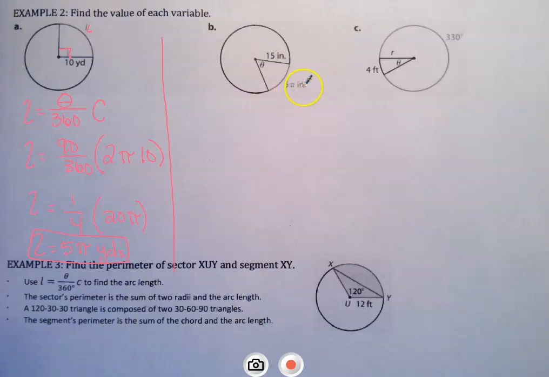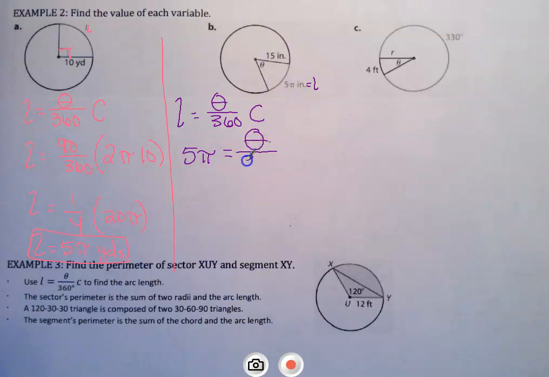This time we have the length, right? We have to find theta, so we've got to use that same formula. So 5 pi equals theta divided by 360 times C. What's C?